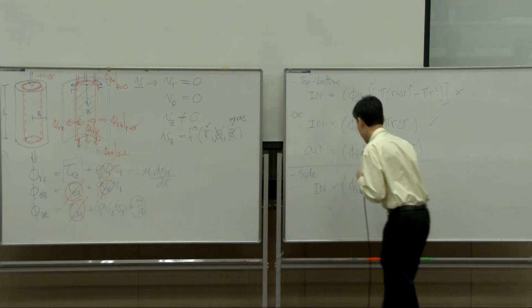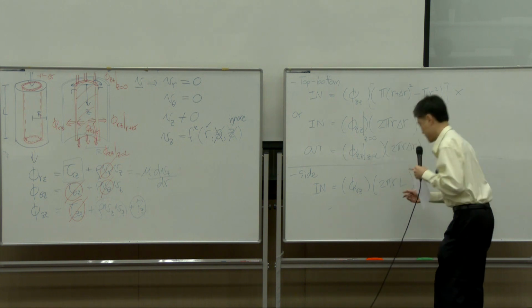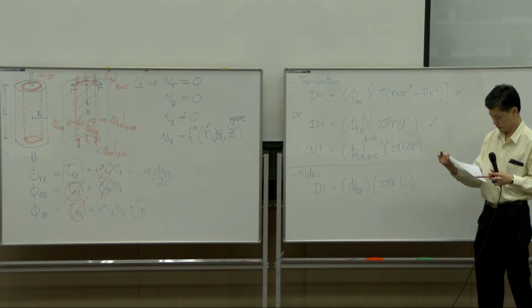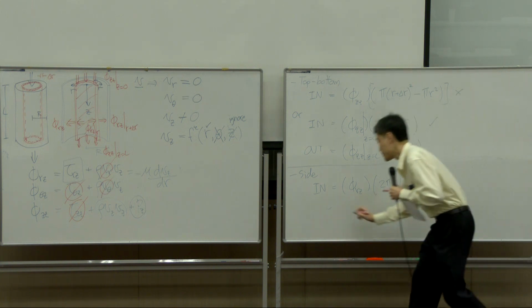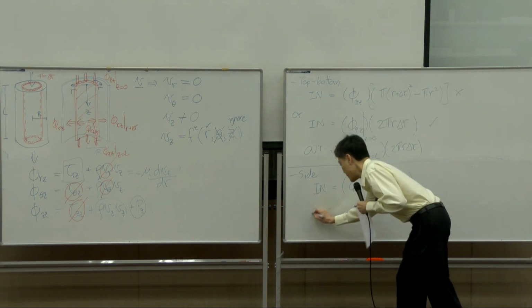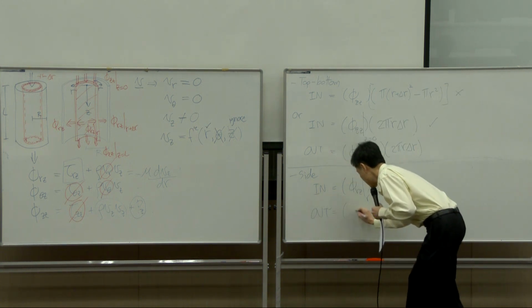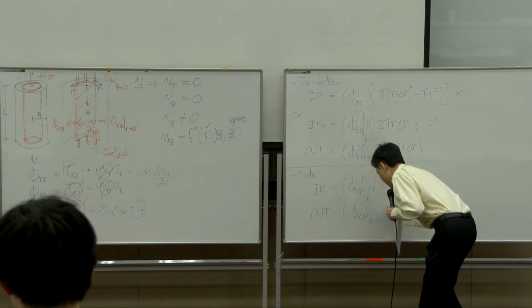So that would be 2 pi r times L. It takes place at generic r. For out, it will be phi rz at r plus delta r.